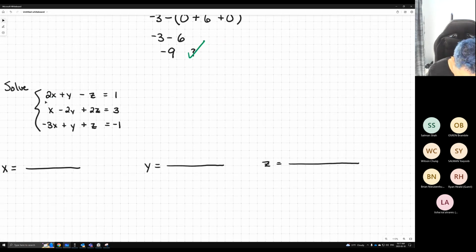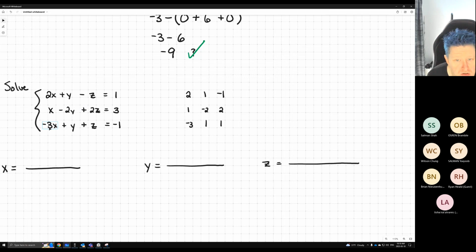So let's see. My left-hand side will be 2, and then the y is 1 here, so there's 1 there, and then -1. Going down to my x's, 1, -2, 2. And then down to my third row, -3, 1, and 1.